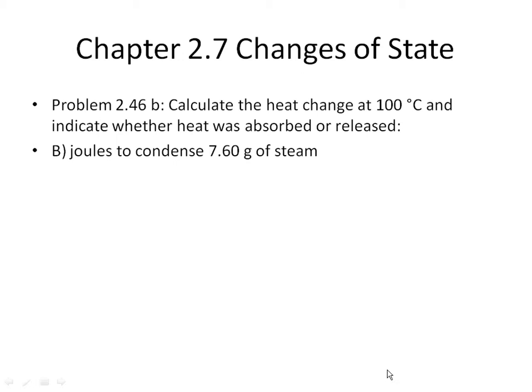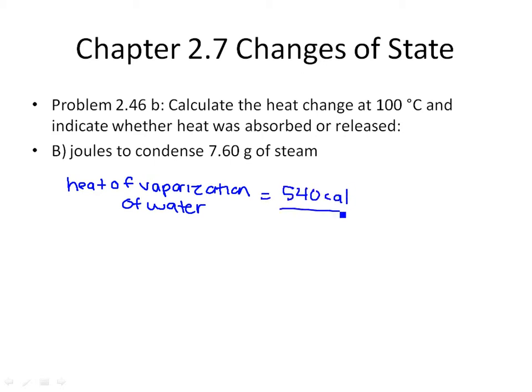Okay, so I'm going to write this out for you here. The heat of vaporization of water is equal to 540 calories per 1 gram of H2O, which is water, or 1,260 joules per 1 gram of water.